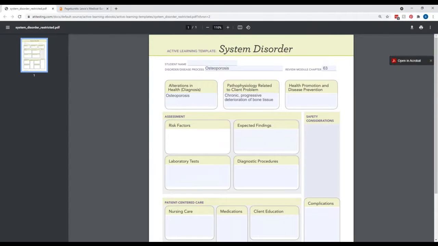There's a lot of risk factors. I put all of them on mine, but let's see if we can come up with just some for our discussion. Who knows a risk factor for osteoporosis?